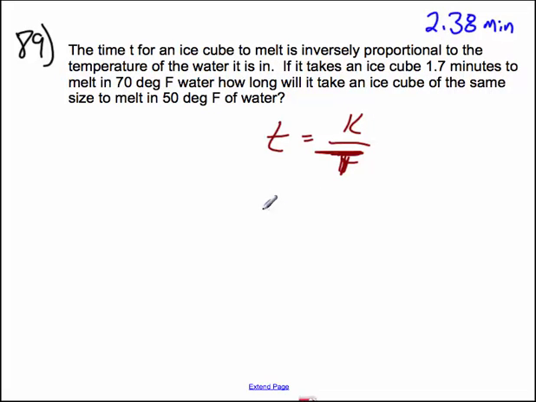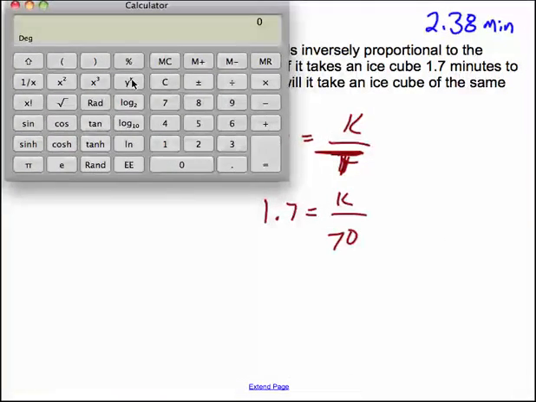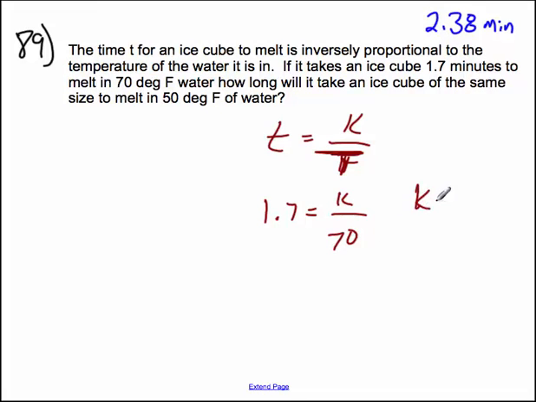If it takes an ice cube 1.7 minutes to melt in 70 degree water, our K is equal to 70 times 1.7. That is equal to 119. K is equal to 119. The constant of variation, I guess, would be what this is called in this case.